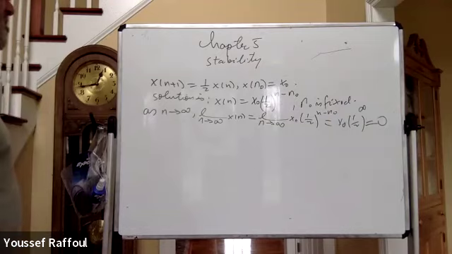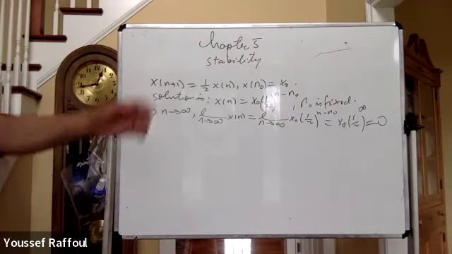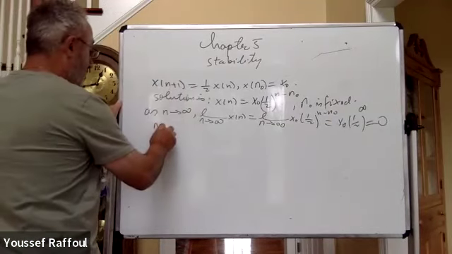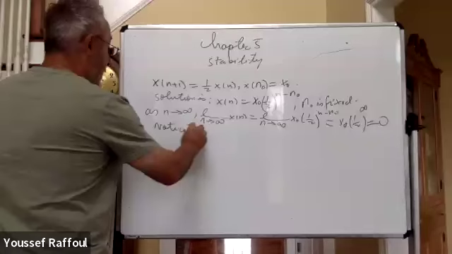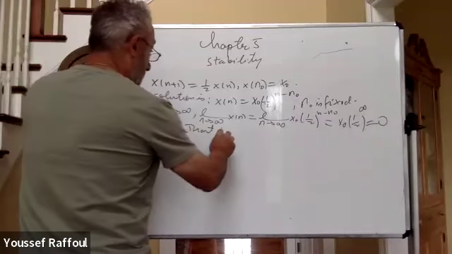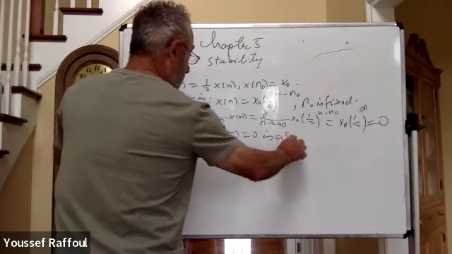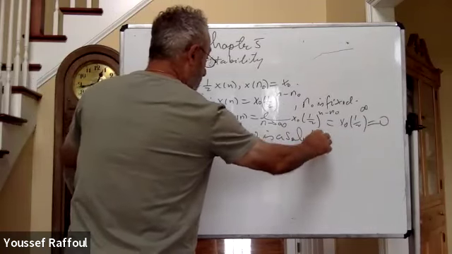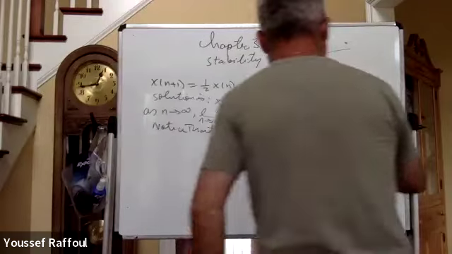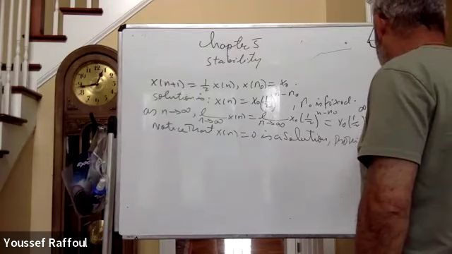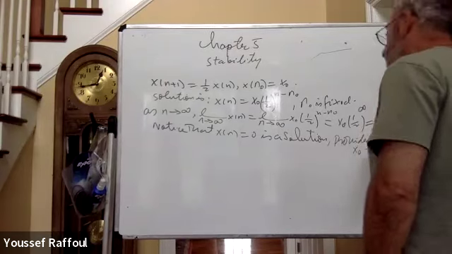Well, what happens if the system is nonlinear and you cannot solve it? Notice that x(n) equals 0 is a solution, provided that x0 equals 0.